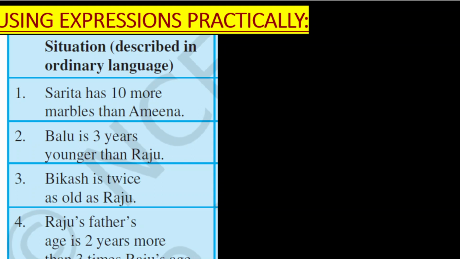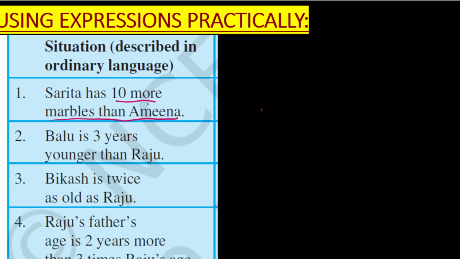Here children, Sarita has 10 more marbles than Amina. Here we don't know either the number of marbles Amina has or Sarita has. But we need to write the expression for this.